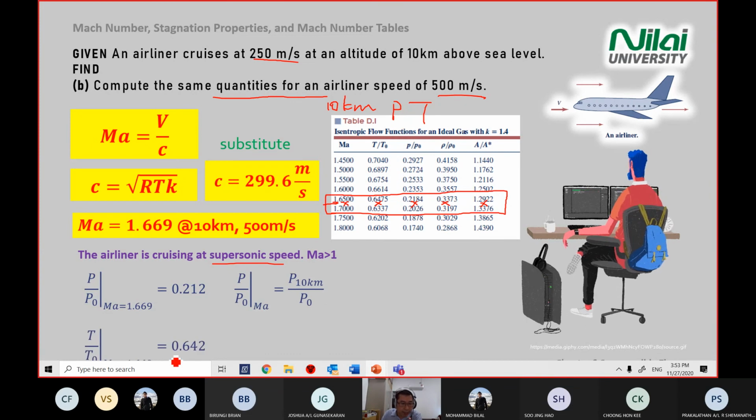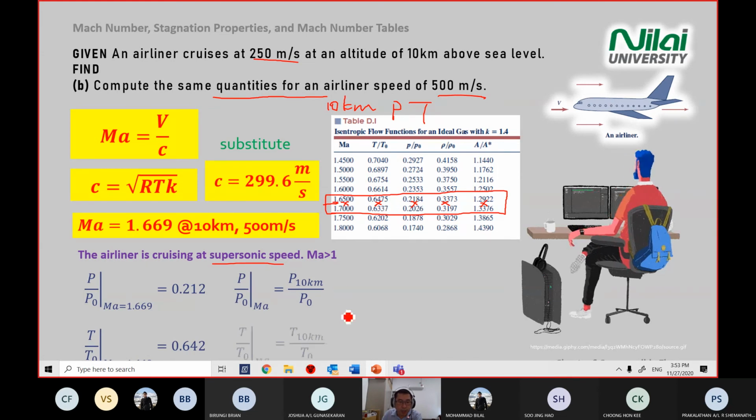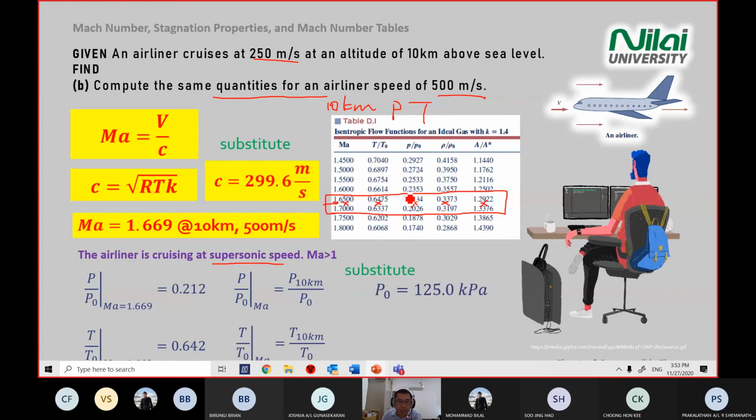Then the temperature ratio will be 0.64, or 0.642. You do the same calculation. You substitute, and your pressure at stagnation state at 500 meter per second at altitude 10 kilometer from sea level is 125 kilopascal. The same mathematical steps from here to here.